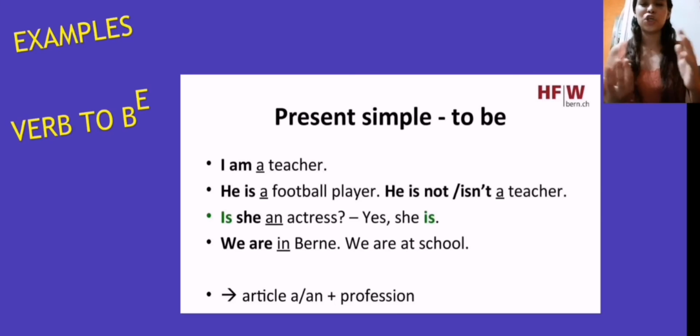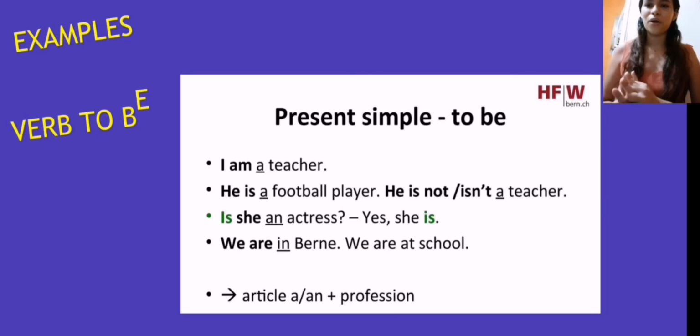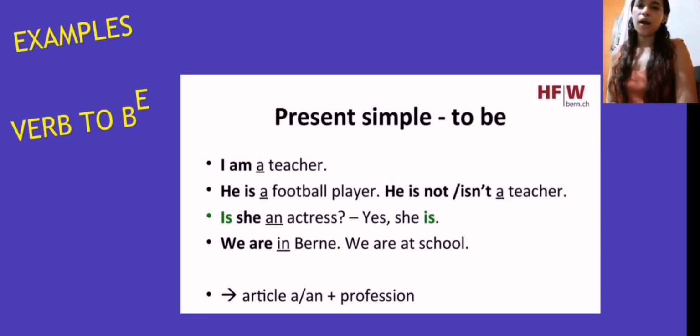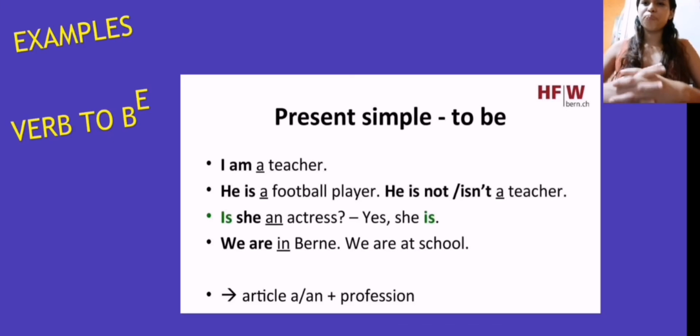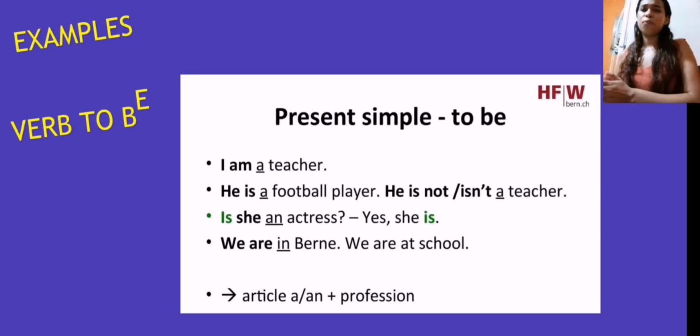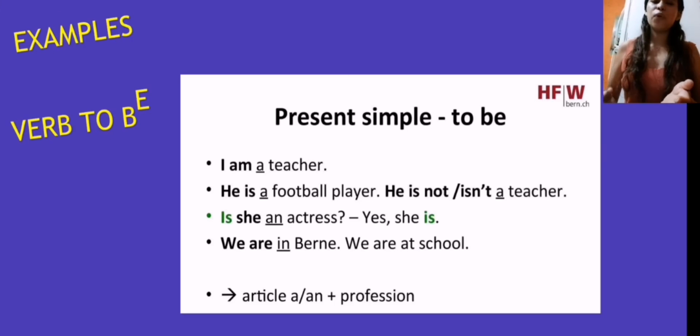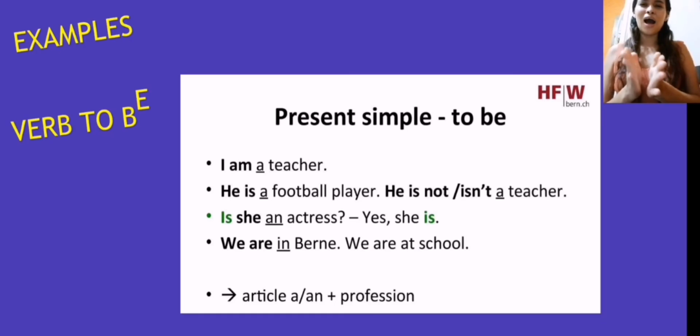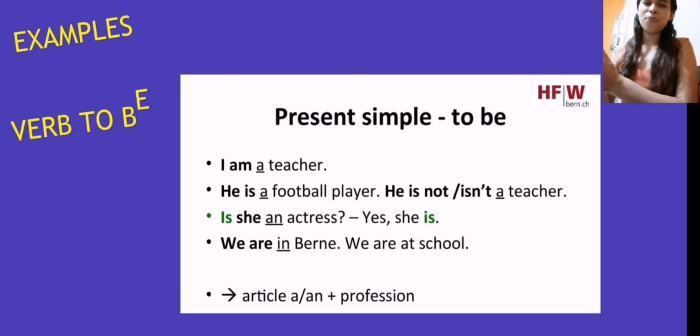Yes, she is. It's a short answer. This is the present simple for the verb to be. We are in Vernon. We are at school. When we use the present simple or simple present with the verb to be, usually we use it to describe a person or professions. Okay.